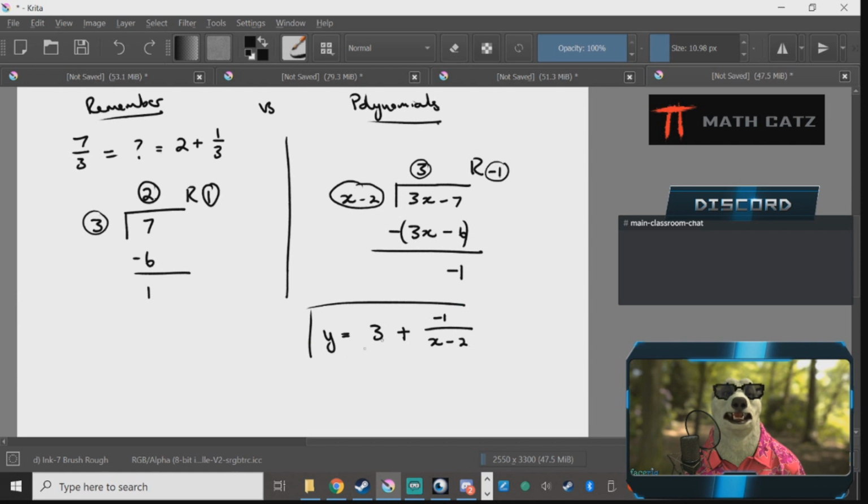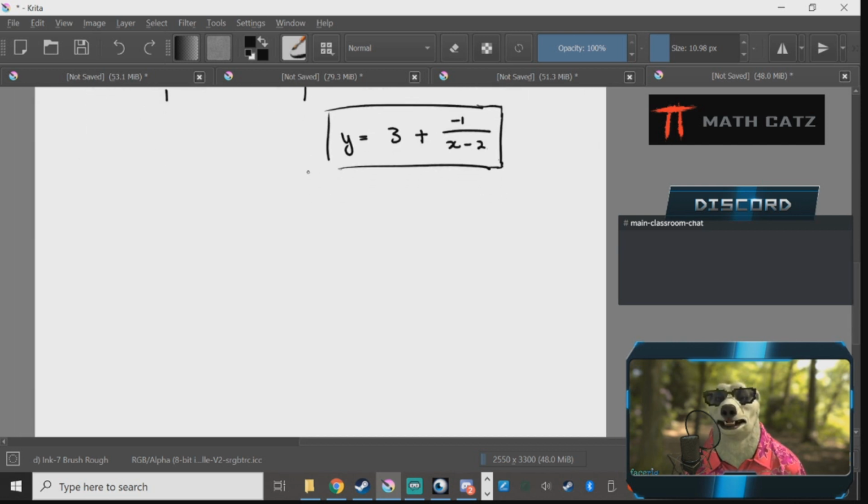So this is now going to allow me to see the transformations. I have a negative there. I replace x with x minus 2. Then I add 3. So let's do it. And again, I know for a fact, because I've taught pre-calculus, that you have done long division. I can't help it if you blocked it out. But we're not going to do high degree polynomials, so it's actually simpler than that.